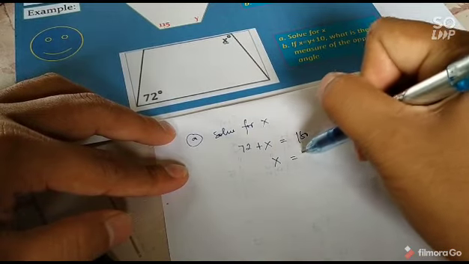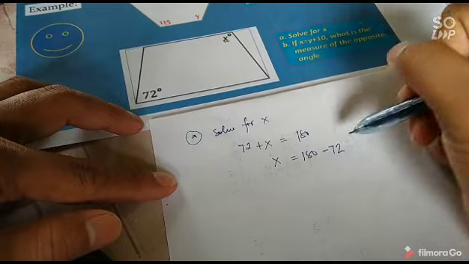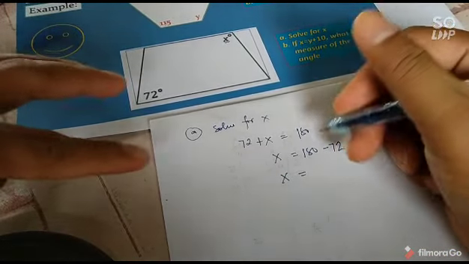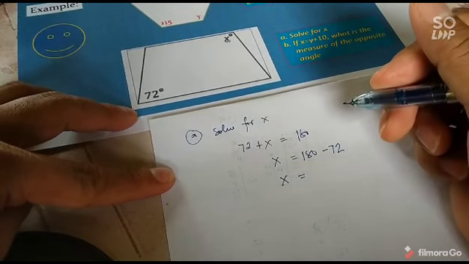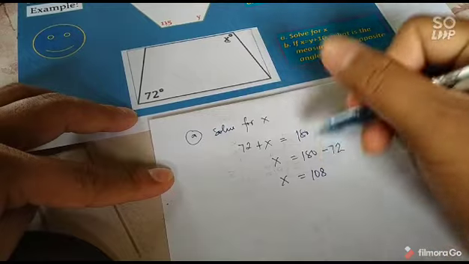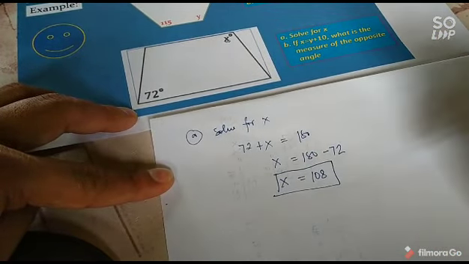So x is equal to 180 minus 72. So x therefore is equal to 180 minus 72, which will have 108 degrees. So that's the measure of angle x.